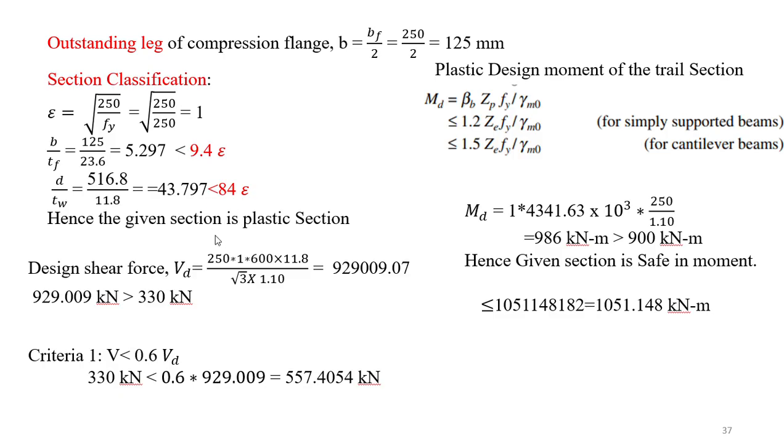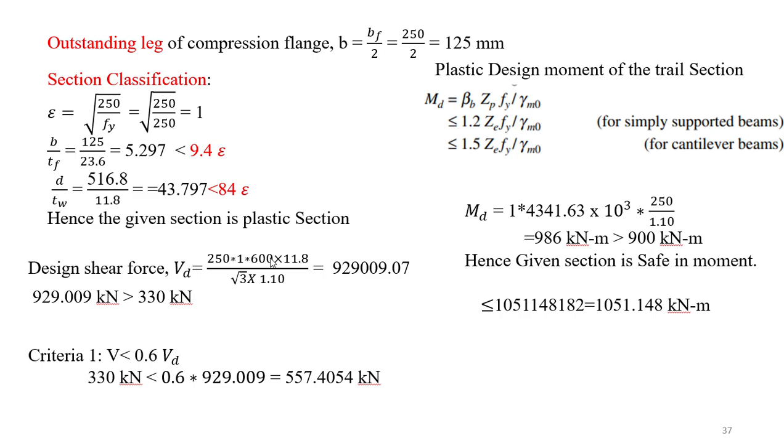After deciding this, we have to find the design shear strength of the beam, and check whether it satisfies the conditions as given in IS 800. How can we find the design shear strength? By using the earlier formula, Fy into AWY, whereas AWY is nothing but H into the thickness of the web.